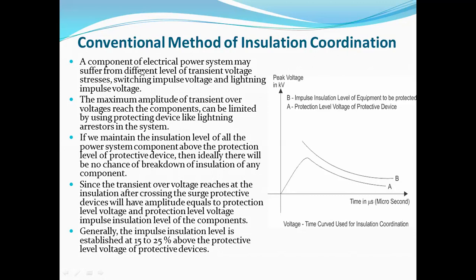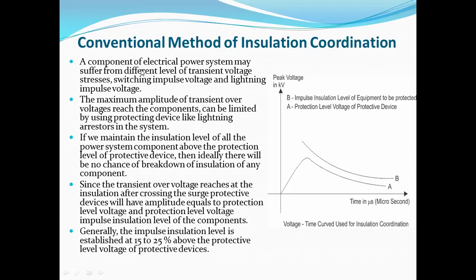So the maximum amplitude of transient over voltages, the maximum value of the transient over voltages reaching the components, can be limited by using protecting devices like lightning arresters in the system.